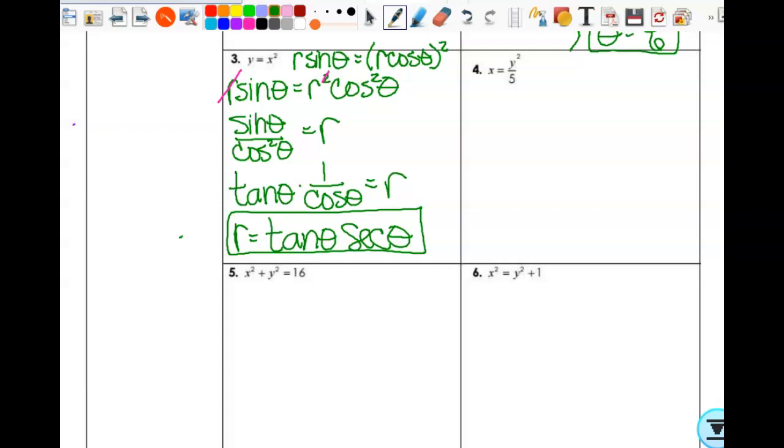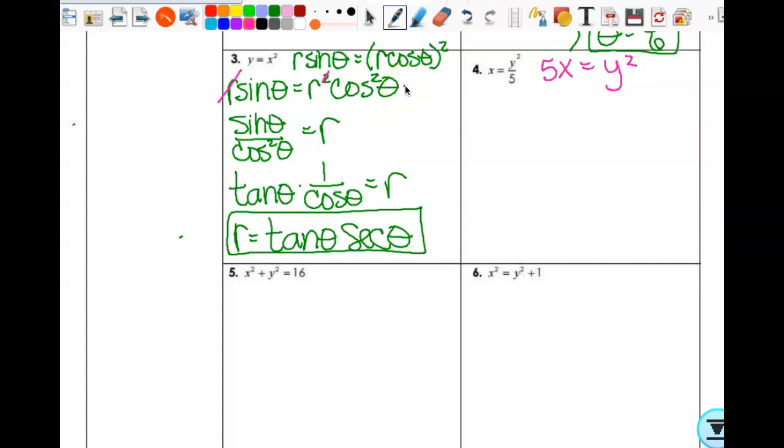All right, so on number 5, so that we're not making things hard just to make them hard, let's get rid of the fraction. Let's multiply both sides by 5. So I'm going to get 5x equals y squared. On this one, I'm going to skip this first step. I just wrote this so I made sure that you understood where this was coming from.